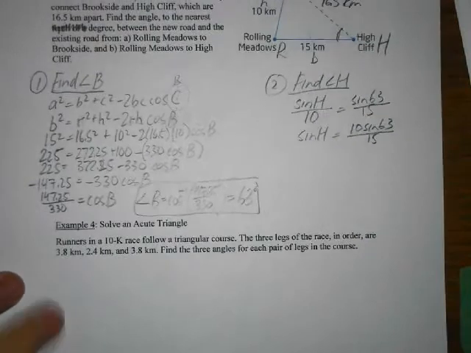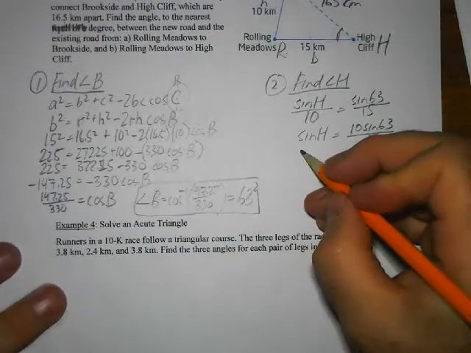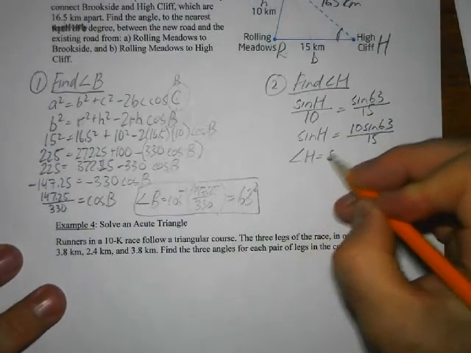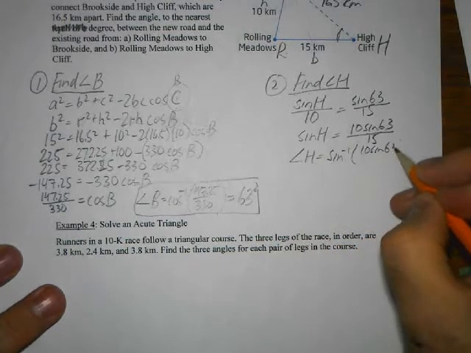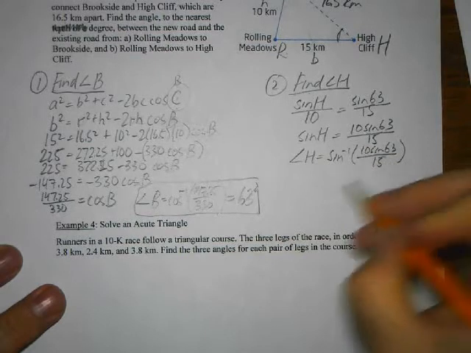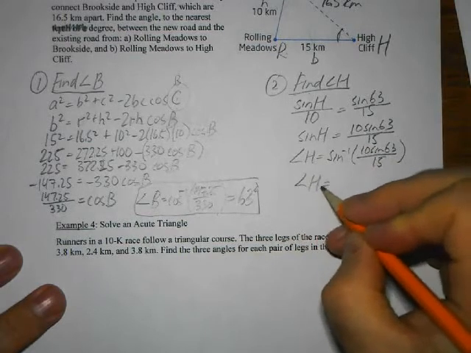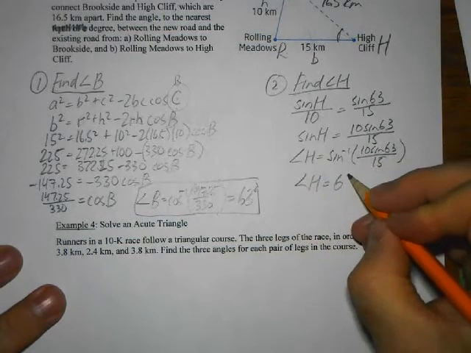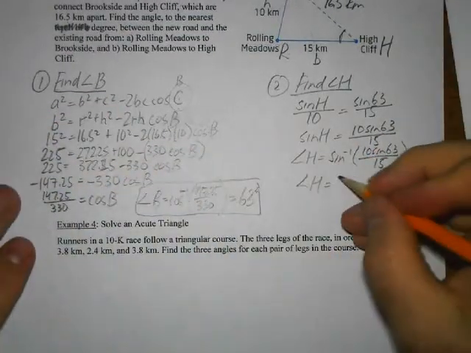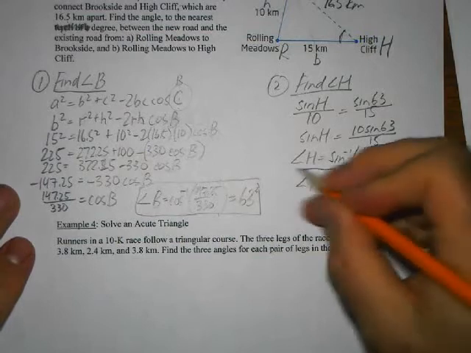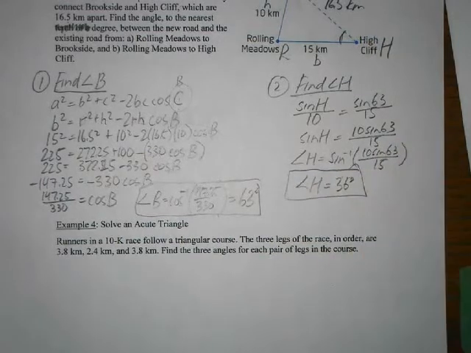And then angle h is equal to sine inverse of 10 sine 63 over 15. And when I do that, I get angle h is 36 degrees. Okay, so I go back up here. This is now 36.